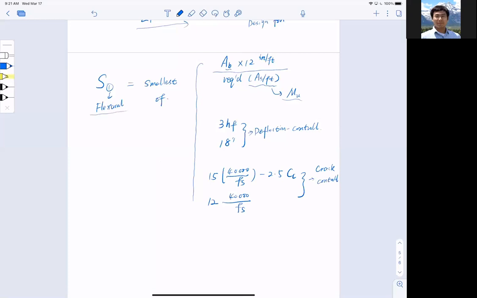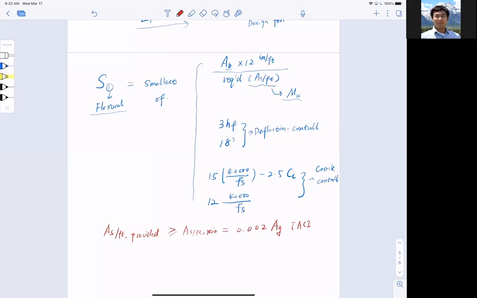But don't forget, even if you satisfy all this, you have to make sure AS per foot provided has to be bigger than or equal to AS per foot minimum. And that, ladies and gentlemen, is the equation 0.002 AG in ACI.